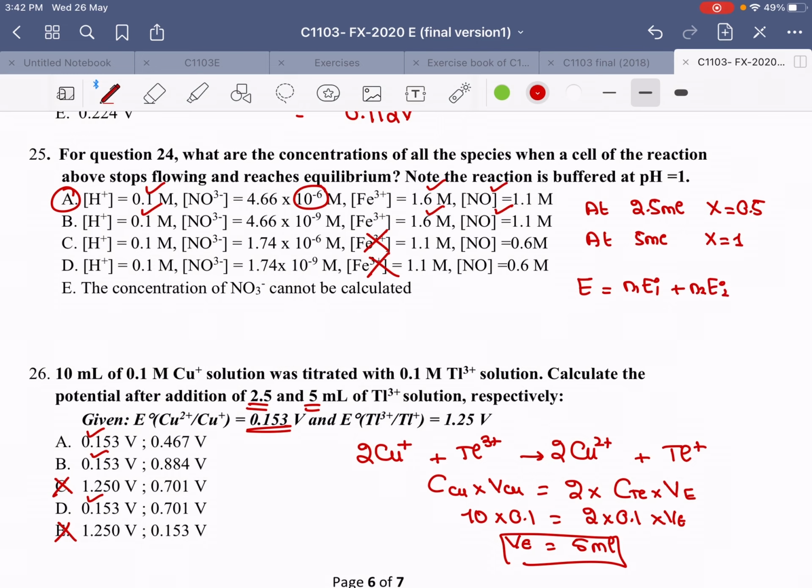So that is 1 times 0.153 plus 2 times 1.25, divided by 3, which is 1 plus 2. You get 0.884 volts.